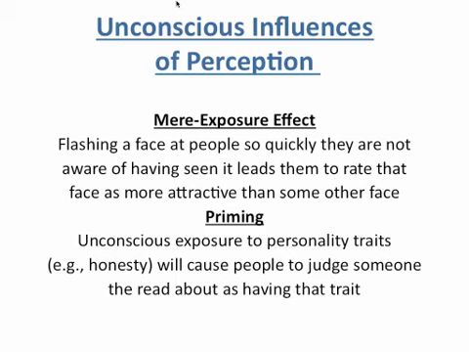And priming is another demonstration of this. Psychologists spend a lot of time doing priming experiments in which, as one example, you can unconsciously expose a series of personality traits to a participant, like honesty, smart, or liar, things that are all related to the same kind of trait.